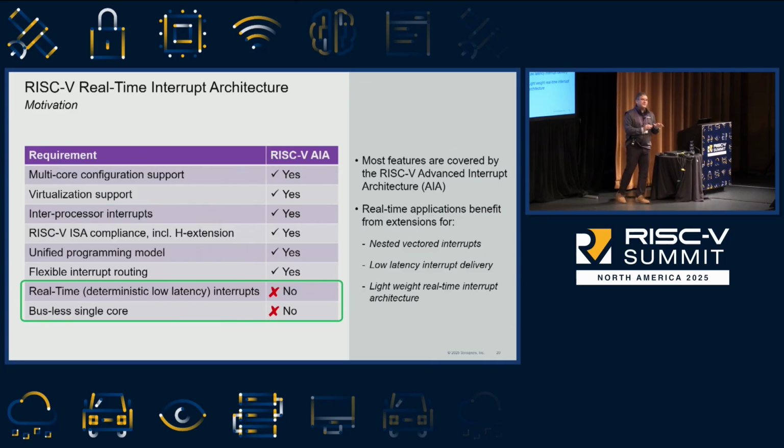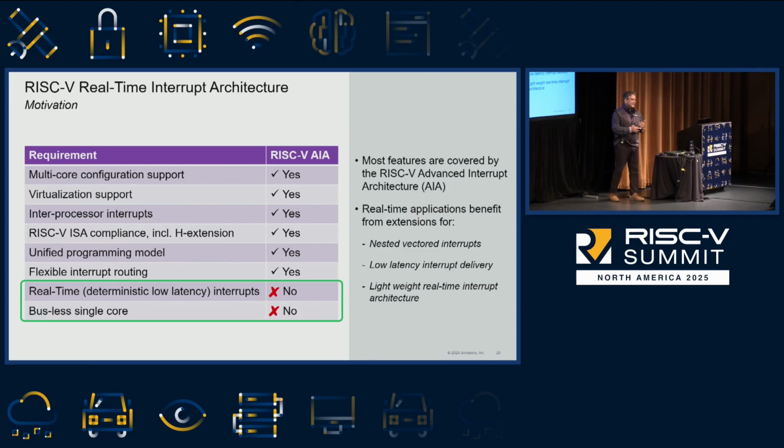So if you look more specifically at AIA, the interrupt architecture itself, there are lots of things that were done very well in terms of the general ability and support for multi-core configurations and virtualization. Again, this idea of being able to run virtualized workloads is all supported within the baseline interrupt architecture. Interrupts between processors in a system, the unified programming model, all these things were done very well in the existing AIA standard.